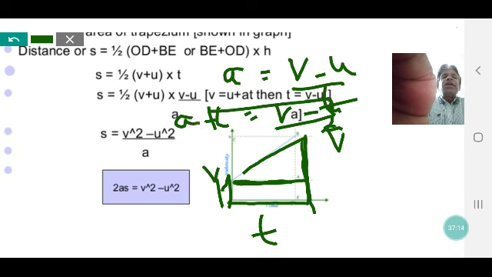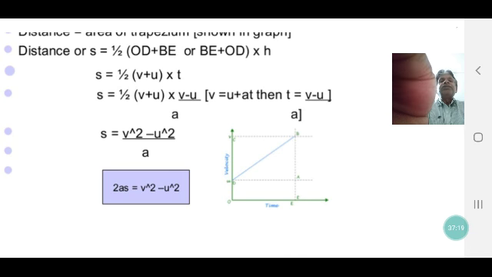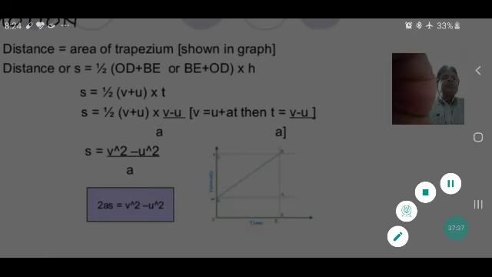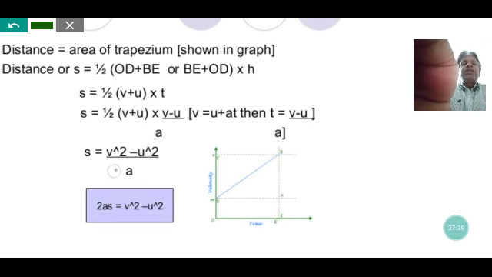Now taking the LCM, we have twice A in the denominator.